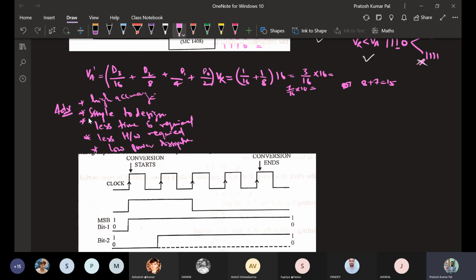It is highly accurate. Less time is required, we can call it low latency. Low latency means low time is required. So these are the different advantages of this.